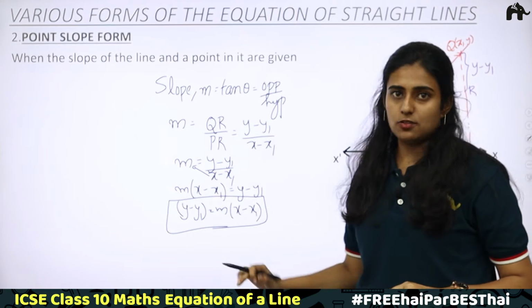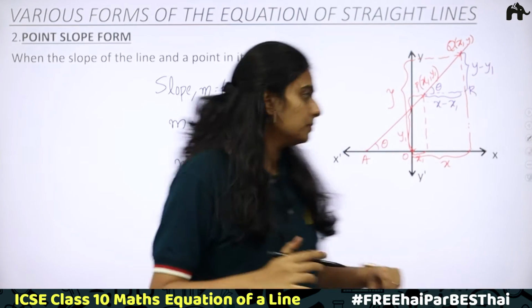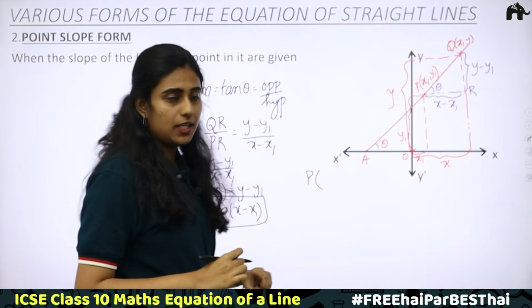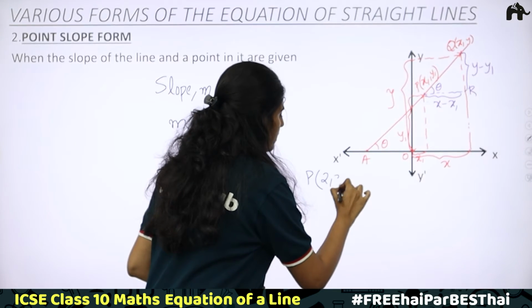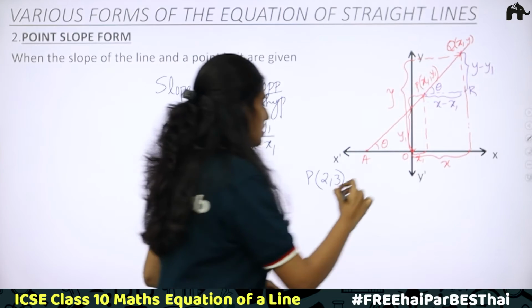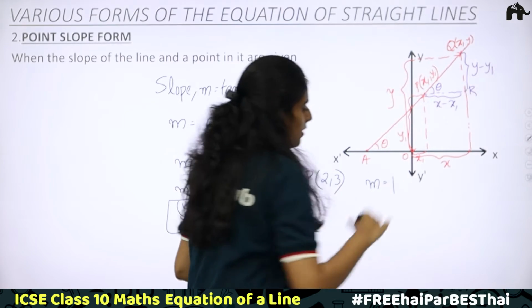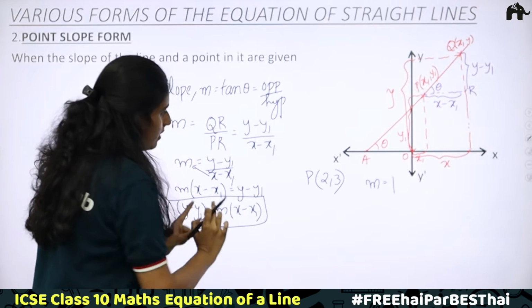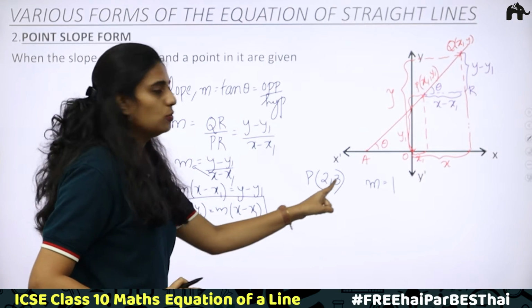Suppose the coordinates of point P are 2, 3, and our slope m is 1. In place of x1, y1, we substitute 2 and 3.